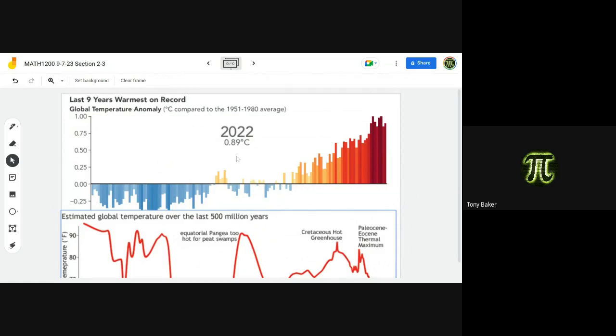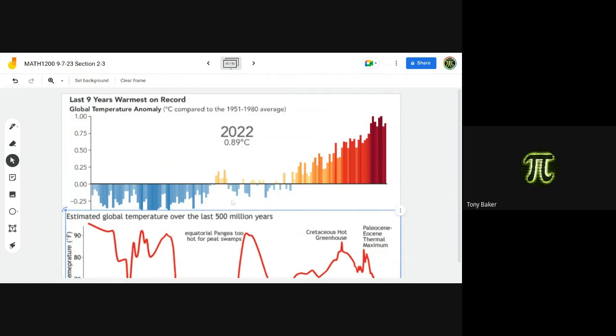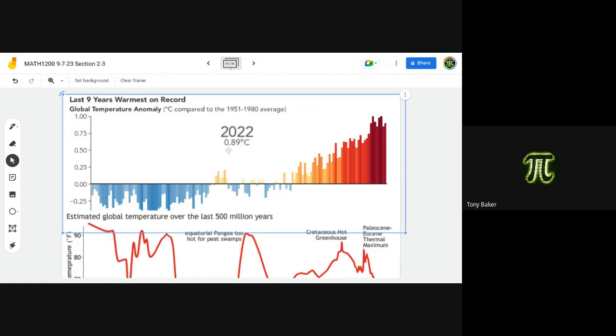The other thing is, if you look at this graph, it's not even 1 degree Celsius change from the mean. Now, 1 degree over the entire world, that's huge. But some people might go, it's not even a degree. If the temperature changed from 70 to 71 today, I don't think anybody in this room would notice it.